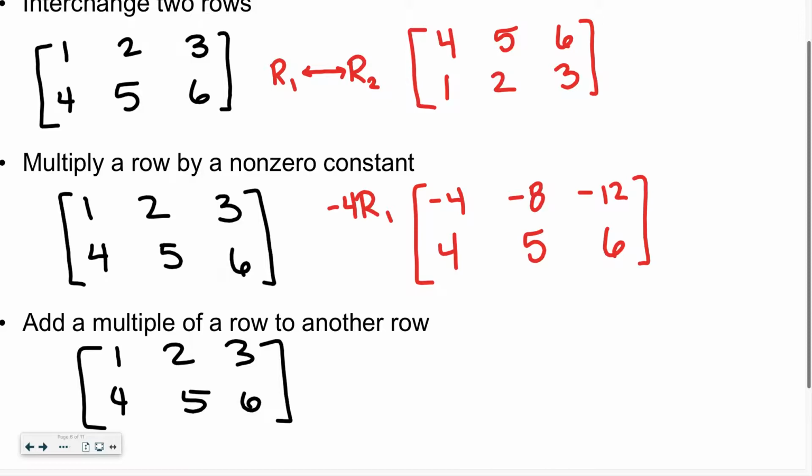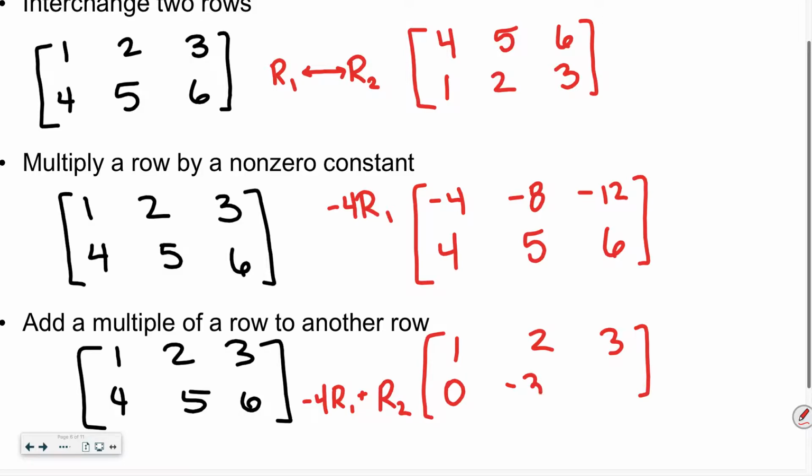What we could do is we could take row 1 times -4 and add it to row 2. Okay, so if we do that, we could keep row 1 the same, but we can still multiply it by -4 and add it to row 2. So we'd have -4 plus 4. We'd have -8 plus 5. And we'd have -12 plus 6.